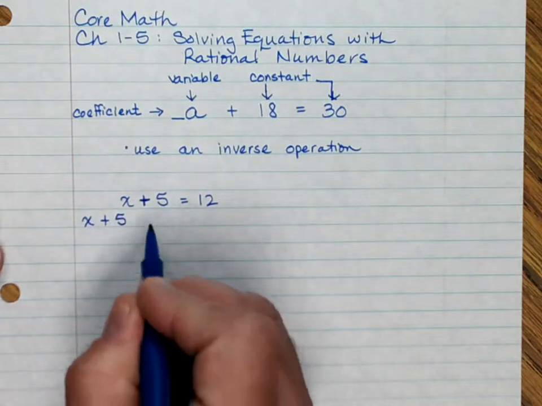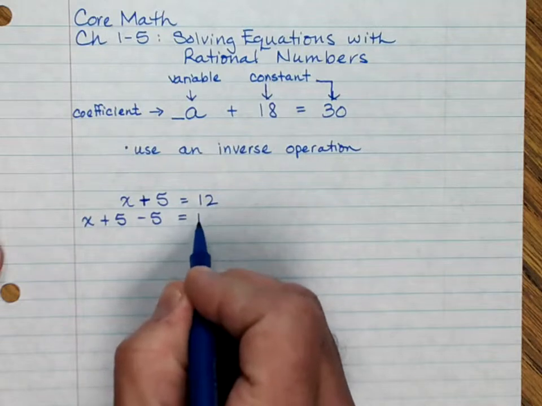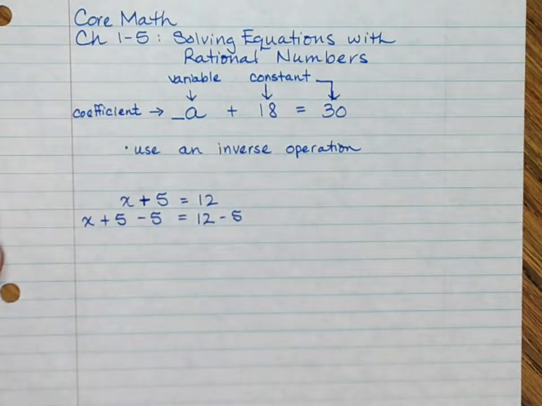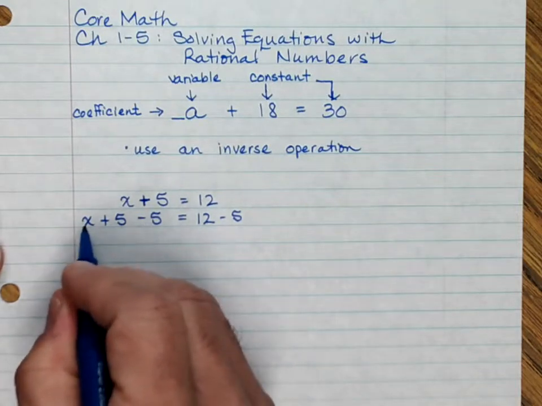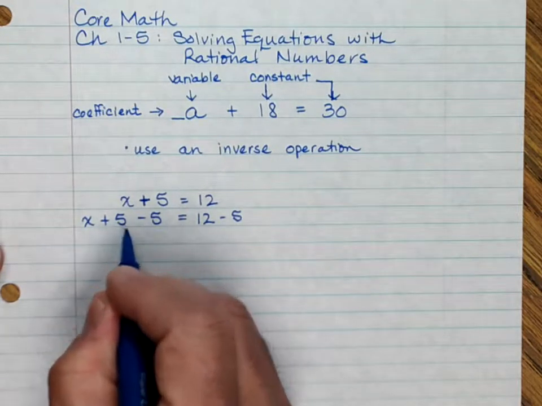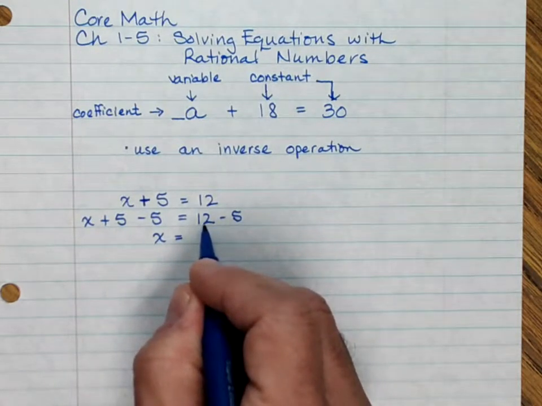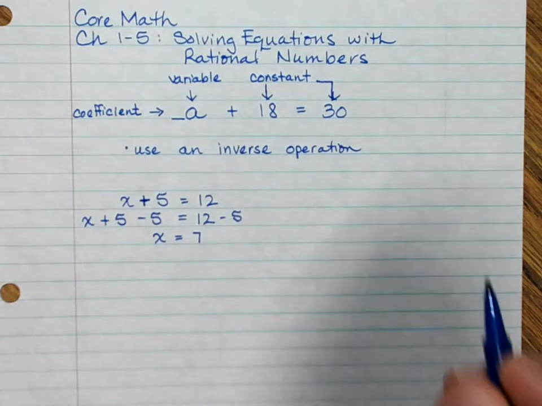So there's my positive 5, here's my negative 5. On this side I have a positive 12 and a negative 5. So when I subtract 5 from this expression, x plus 5, I'm left with x. And when I subtract 5 from 12, I'm left with 7. And that's about it.